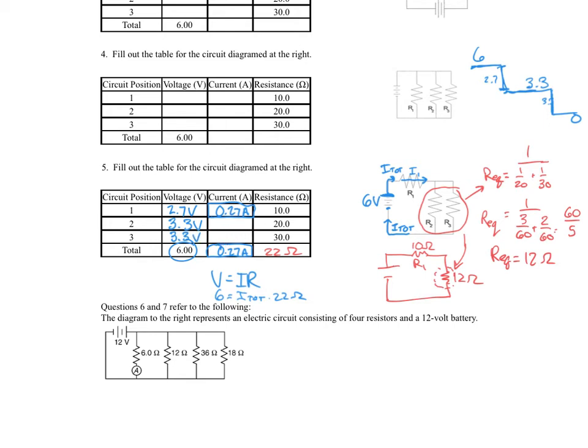So I'm just going to take 3.3 divided by 20, and I get a value of 0.165 amps, and then I do the same thing, take 3.3 divided by 30, and I get 0.11. If you add those two numbers together, you get back to that 0.27.